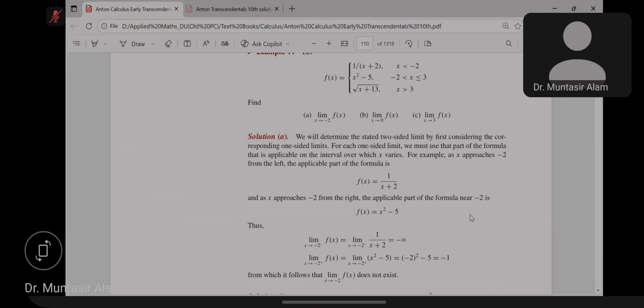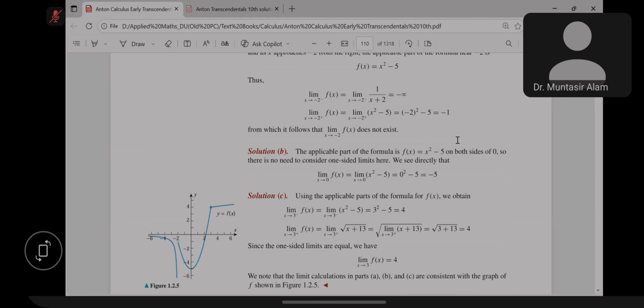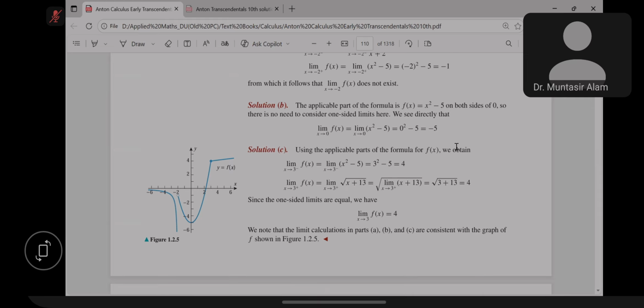And for the remaining two parts, apply the same concept. The textbook gives you the algebraic techniques to calculate the limit from different subdomains. But as I said, from now on, we'll be focusing more on graphs.